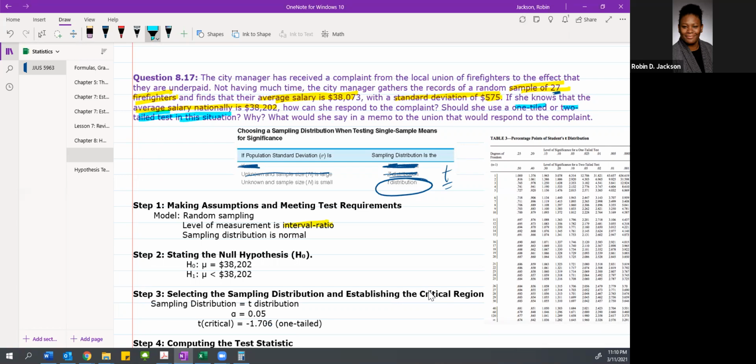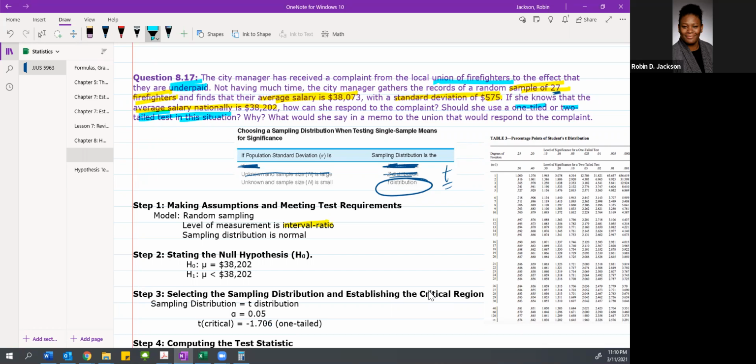But if you didn't, I would suggest she use a one-tailed test. And the reason why is because the local union of firefighters are saying that they're underpaid. Underpaid means you're not getting paid enough. You're getting paid less than everyone else.